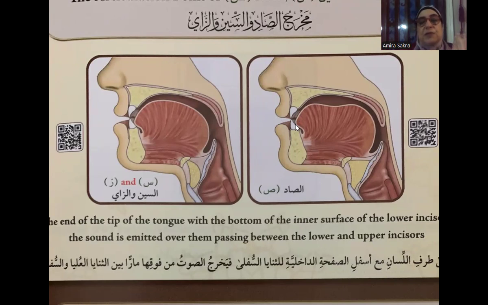And this is one of the main sifat, or main characteristics, of those three letters. Sad, Sin, and Zai all have the characteristic of as-safir, or whistling, which means sharpness in the sound, because when the sound is emitted, it passes between the lower and upper central incisors, only from this tiny area. That's why the sound has this sharpness, or whistling.